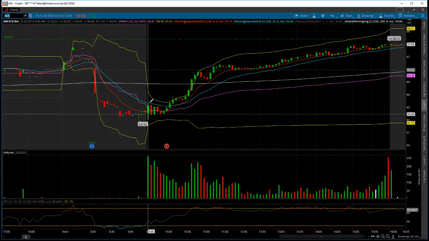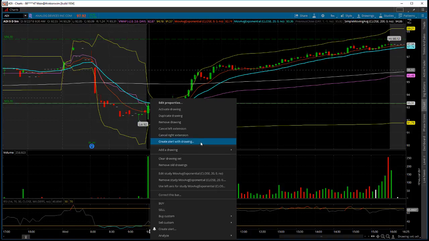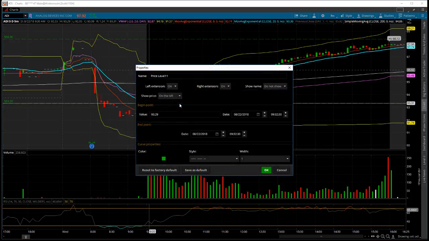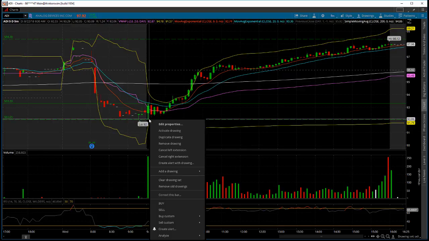All right, so we know we want to trade this with our opening range. We want to use the opening range high and the low, so it sets this channel.